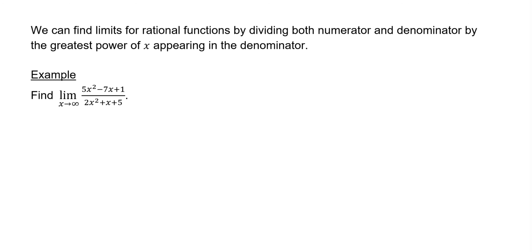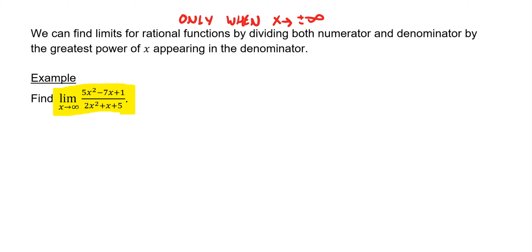All right, so here is the deal for how we do these when they get more complicated. This technique is only for when x is approaching positive or negative infinity. We typically try direct substitution when x is approaching a number.